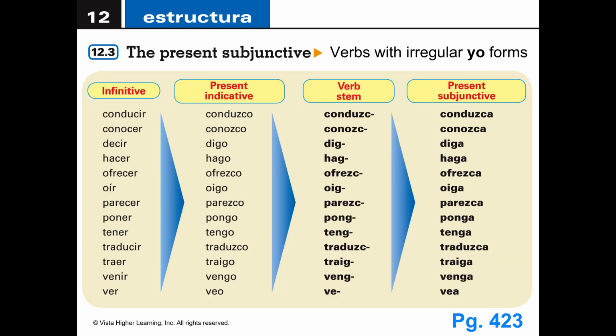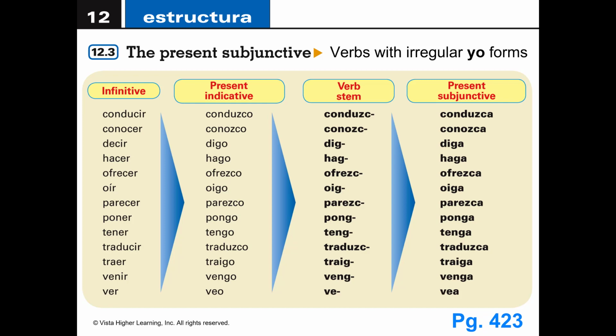Now what happens with the irregulars? Well, we have some verbs that have irregular yo forms. For example, conducir. It's not yo conduzo, it's yo conduzco. It's not yo deco, it's yo digo. It's not yo hago, it's yo hago, and so on.